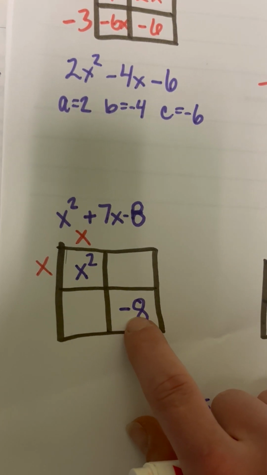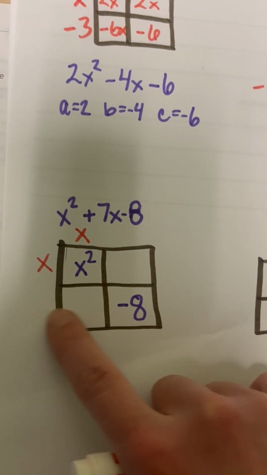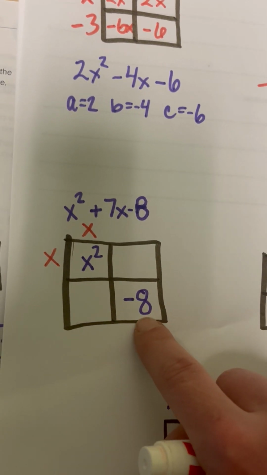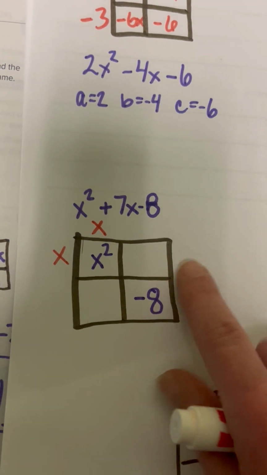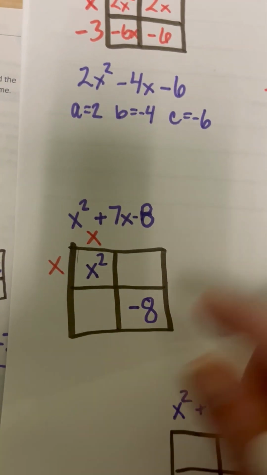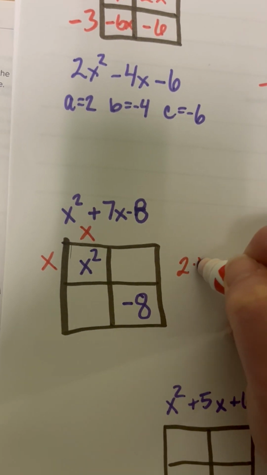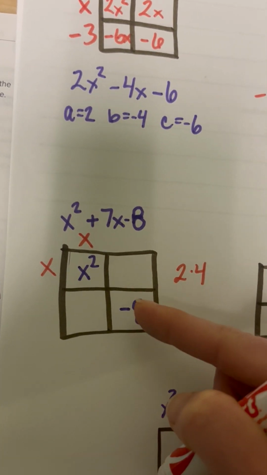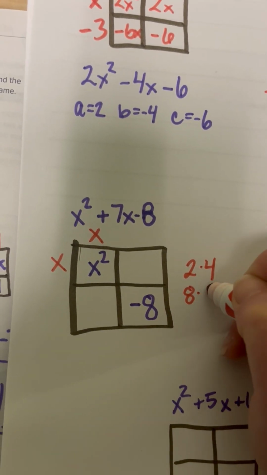We have a clue that our negative 8 goes down here. And so we need to think of 2 numbers that multiply to negative 8. And there might be some guessing and checking that happens at this stage if you're not using the other method. But let's see, what are some factors? This could be a 2 times a 4. This could be, let's see, what else is a factor of 8? 8 times 1.